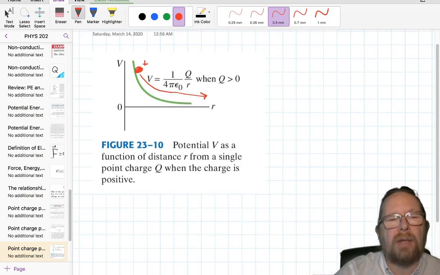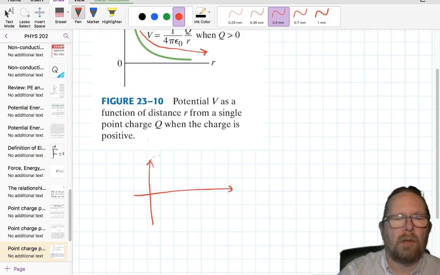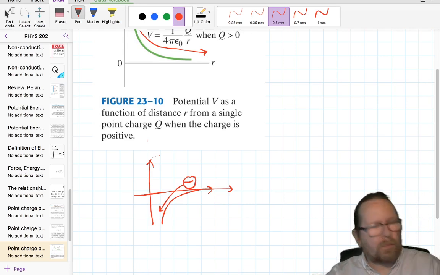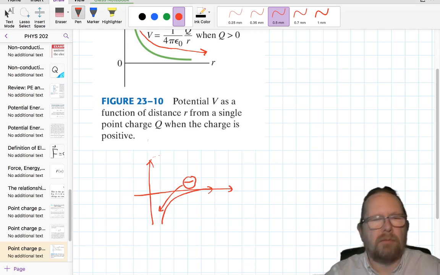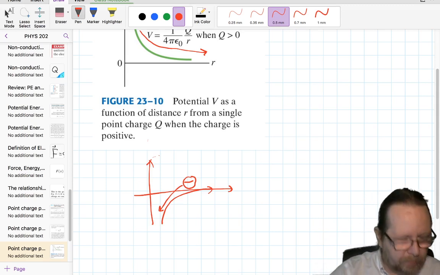If you've got a positive and a negative charge, you put them in space, and you put a negative charge on this roller coaster, it will roll down the hill to approach the positive charge, and the force between them gets bigger and bigger as r approaches 0.